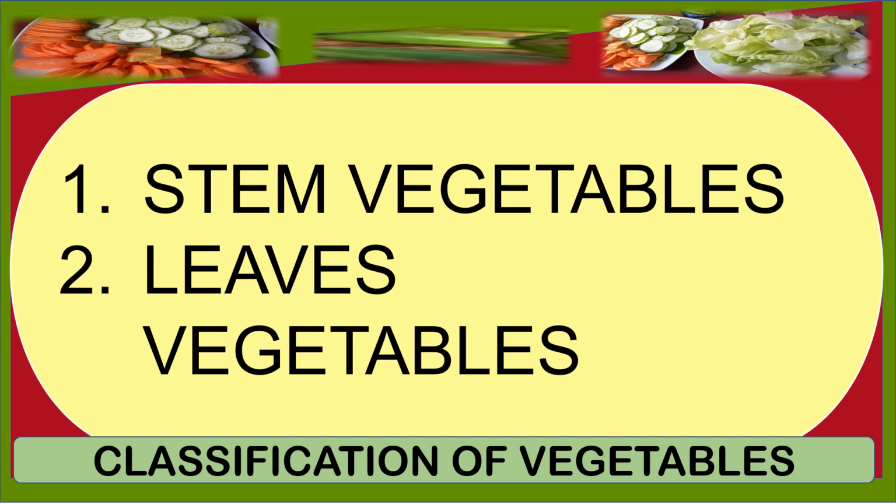These are the leafy vegetables that belong in this category, such as the cabbage, the lettuce, and of course vegetables where we use the leaves as one of the ingredients that we're going to prepare in our vegetable dishes. Alright.